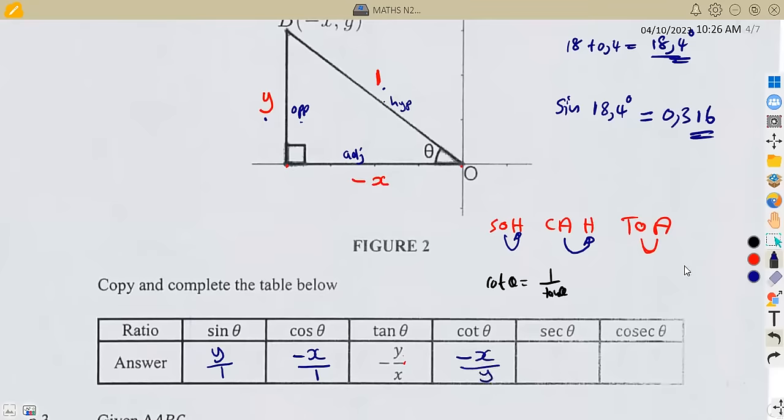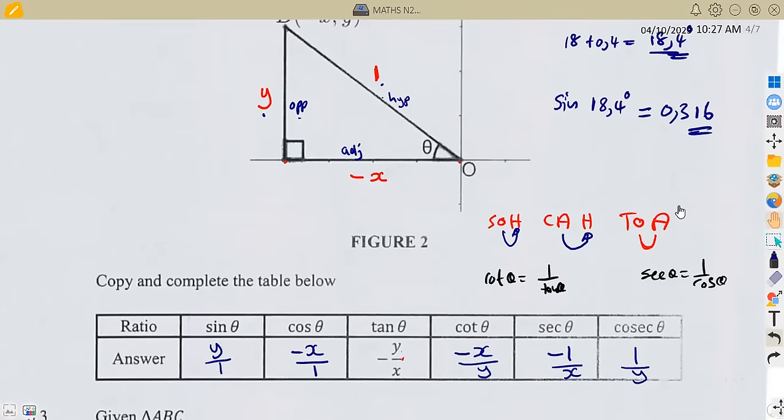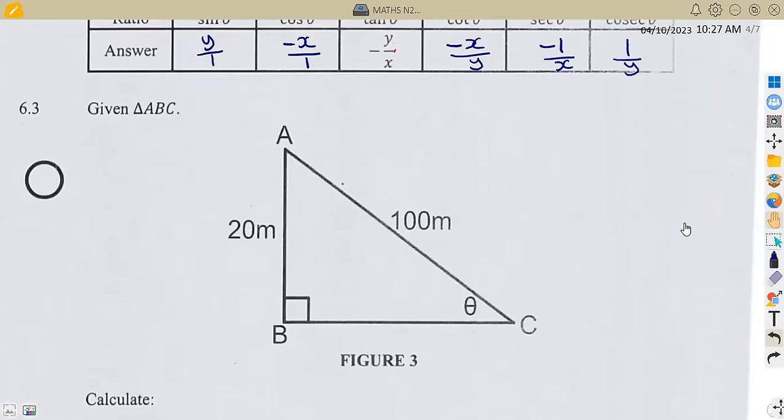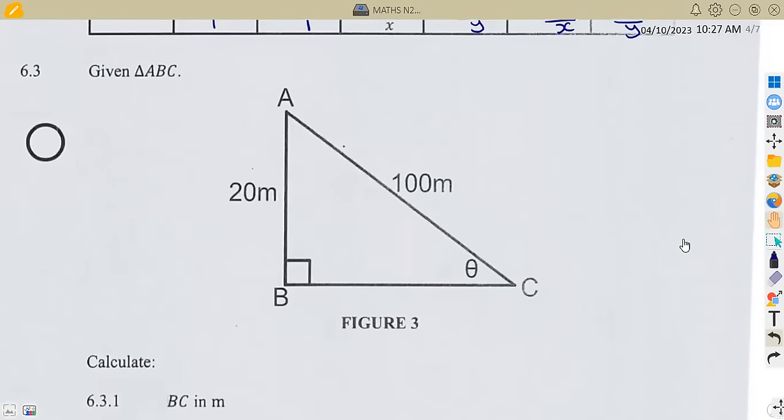Sec theta, remember that sec is 1 over cos, so we invert cos theta, which is minus x over 1, and it becomes minus 1 over x. Same with cosec, 1 over sine, so it's going to be 1 over y. In this case, you invert. All right, so this is what you are required to do from your table. You're supposed to copy that table and complete it.